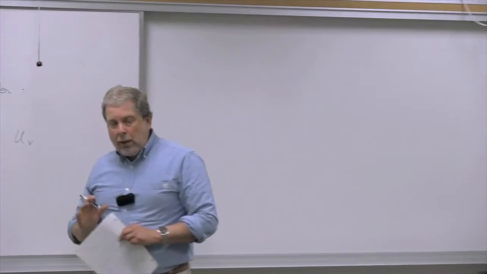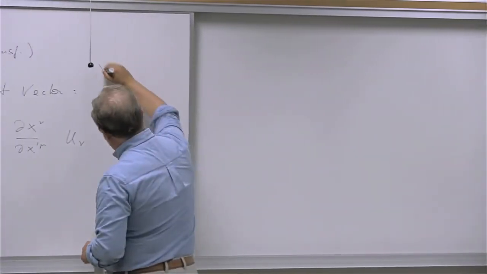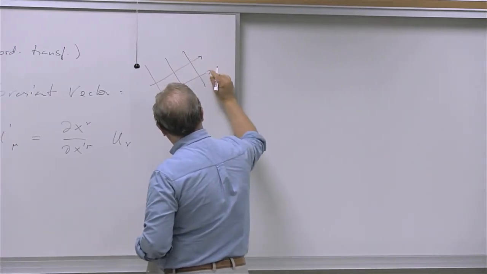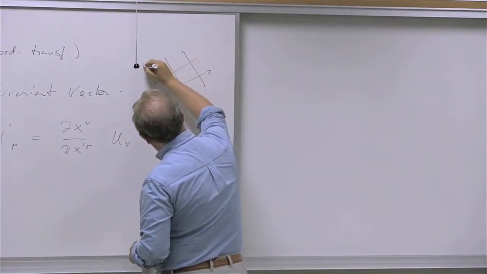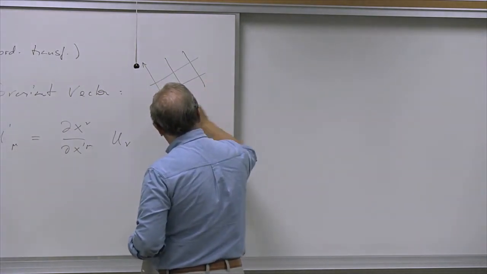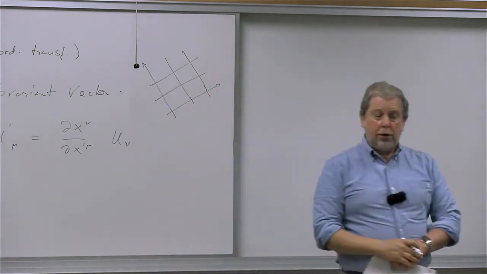We are not in flat space, right? So in flat space, you can draw a coordinate system which looks like this, and you can draw a Cartesian coordinate system.